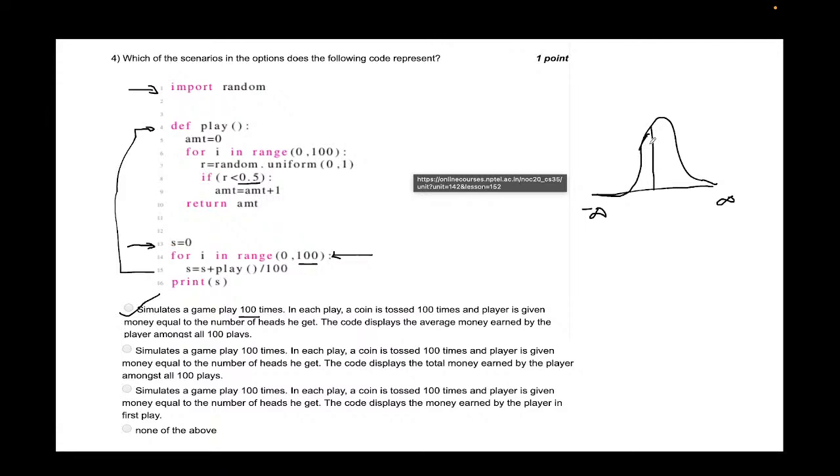So the distribution has a mean 0 and standard deviation 1, and it is not skewed. There is no skewness in it.